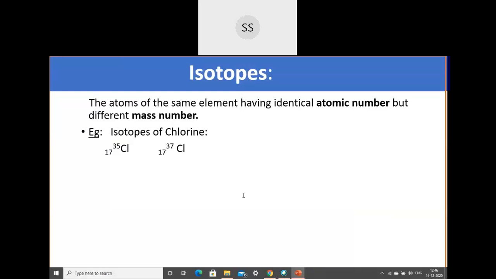So chlorine atomic number, both of the chlorine atom atomic number is 17. Okay, but then mass numbers are different. Hydrogen also, see, atomic numbers are same, but then they are having different mass number. Carbon also, you can remember at least 1 or 2 example. Okay, carbon also has different isotopes. With 6 is the atomic number, 12, 13 and 14 is the mass number of that.